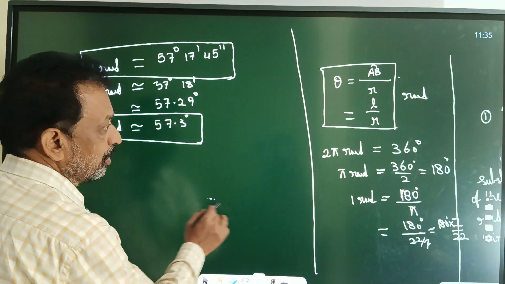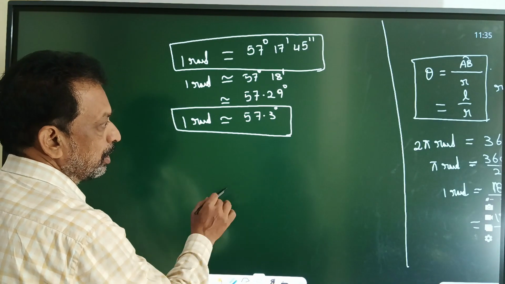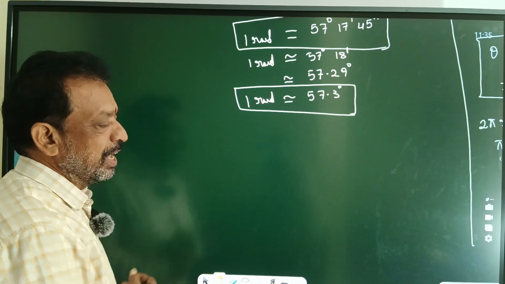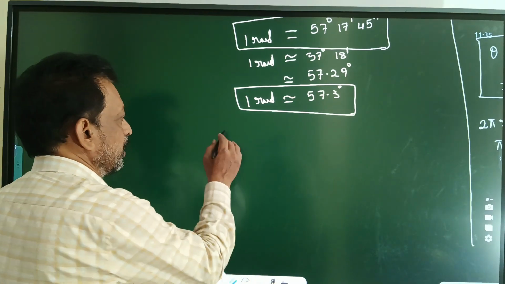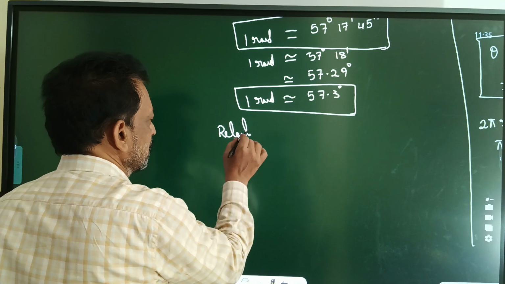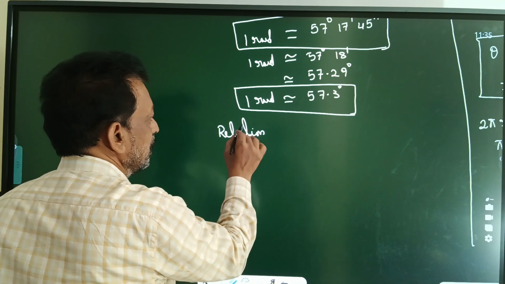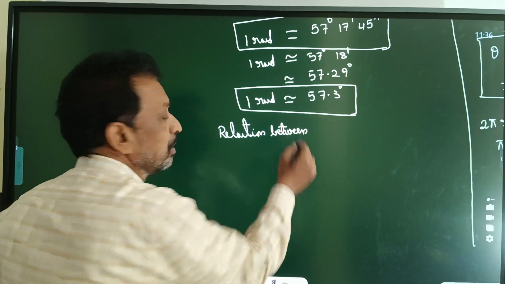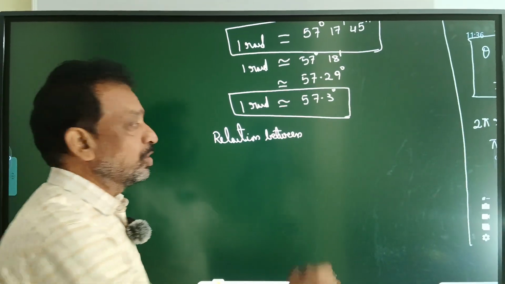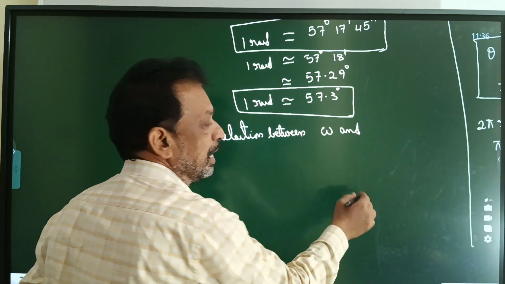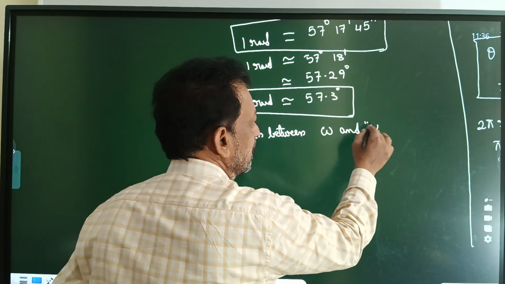Okay, very good. You have to remember this. Now you might see angular velocity. What is angular velocity? The relation between angular velocity omega and linear velocity v.